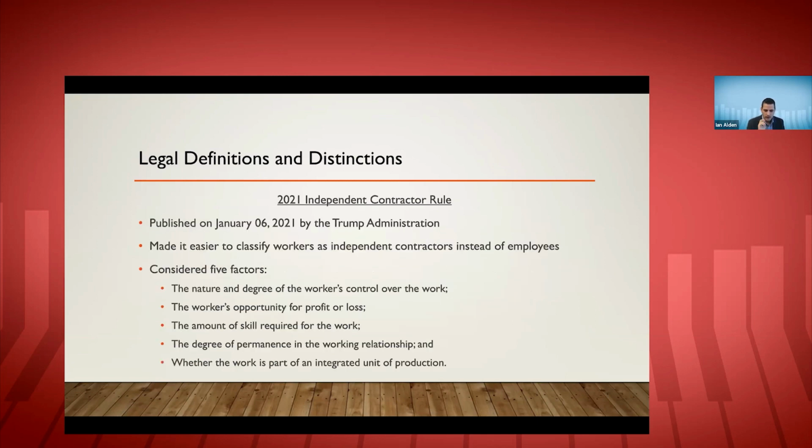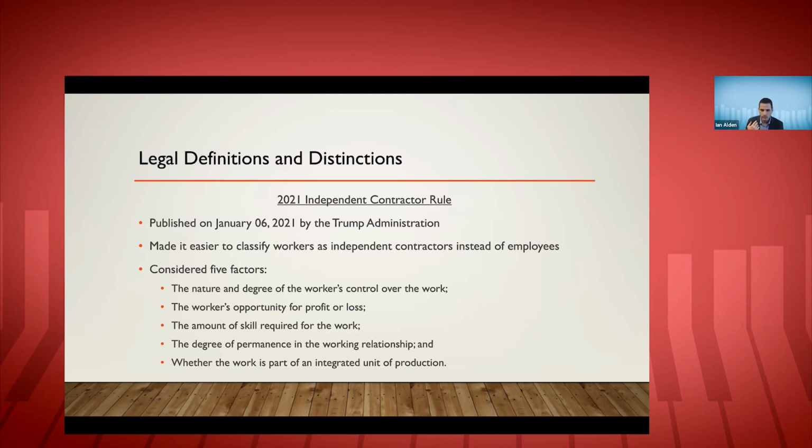So let's put a quick breaker there, because those two tests, the economic realities test and the ABC test, taken together, govern a lot of state agencies and how they view the employer versus independent contractor debate. They're going to apply those two tests. The weighting, in my opinion, on each of the factors is a little arbitrary.